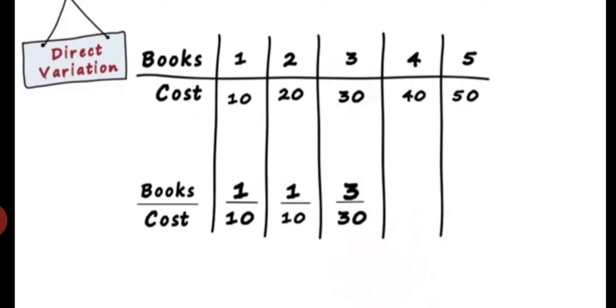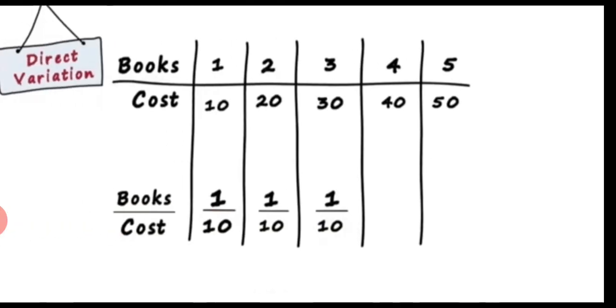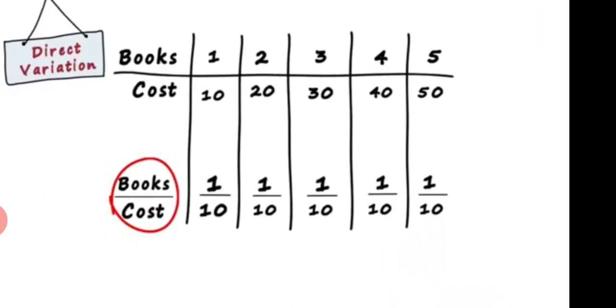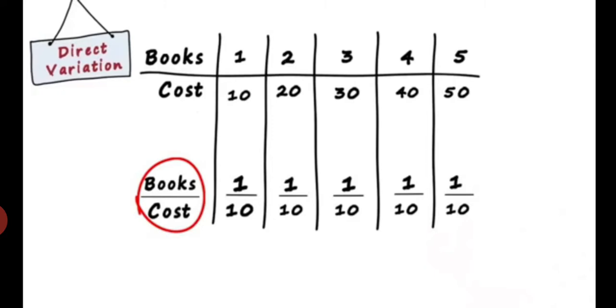But if we divide both the numerator and denominator by 3, the answer will be 1 by 10. Similarly, in the fourth and fifth cases, we can easily write it as 1 by 10. So, the ratio of books and cost here is equal to 1 by 10.